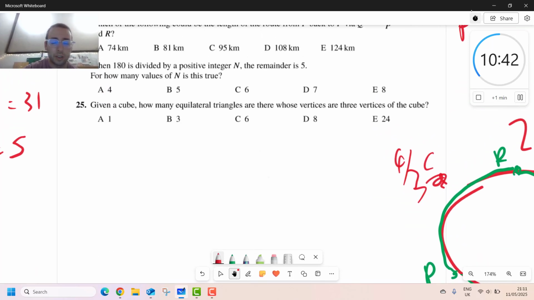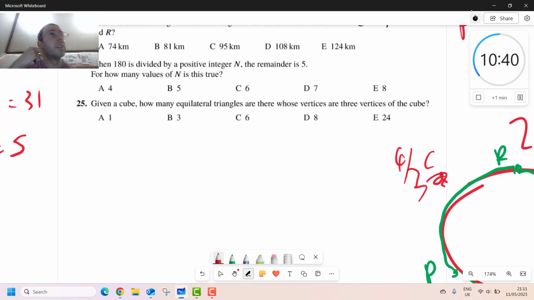I need to divide by a positive integer n, the remainder is 5. So that's going to be n times k plus 5 equals 175. Because whatever I divide it by, I think it's, oh no, it's 180.